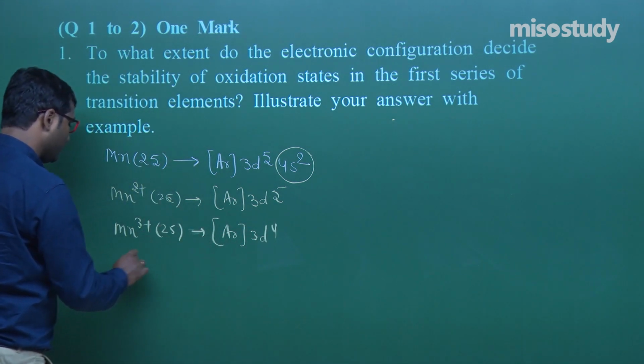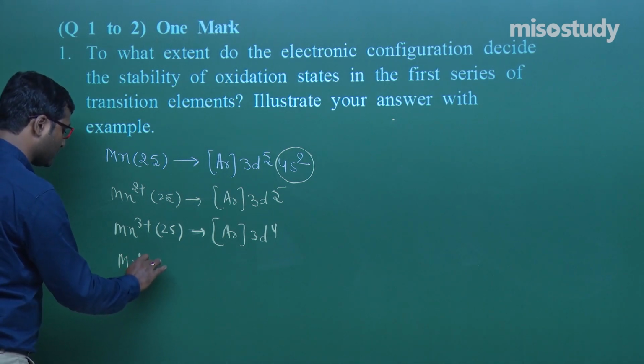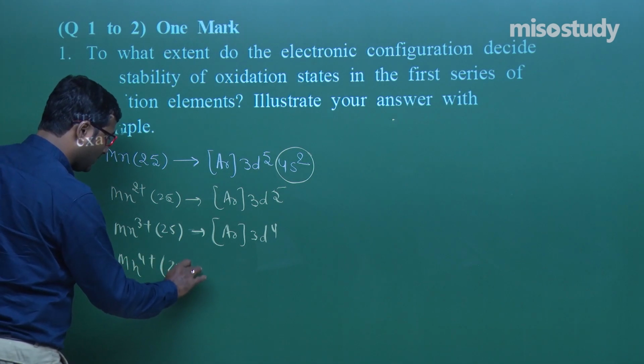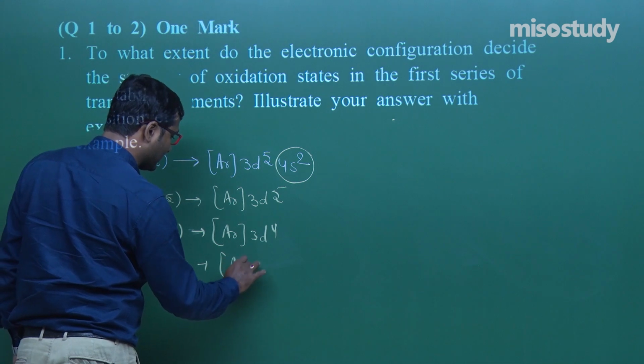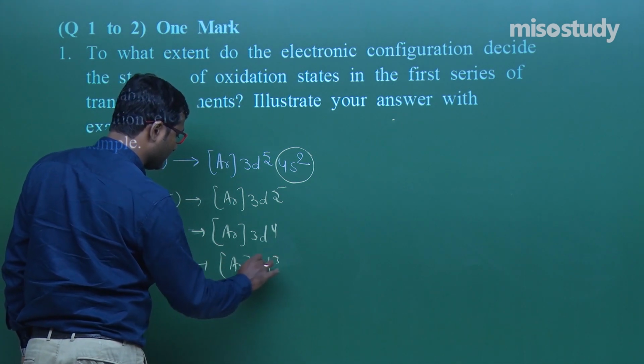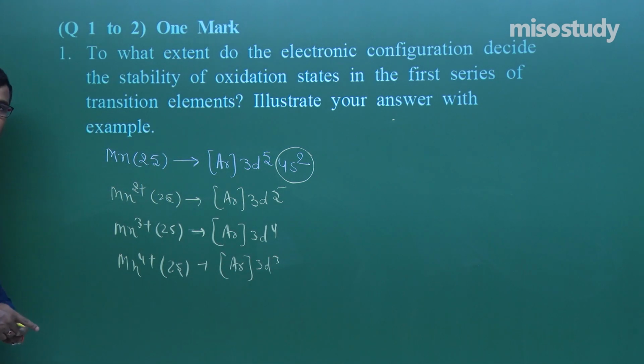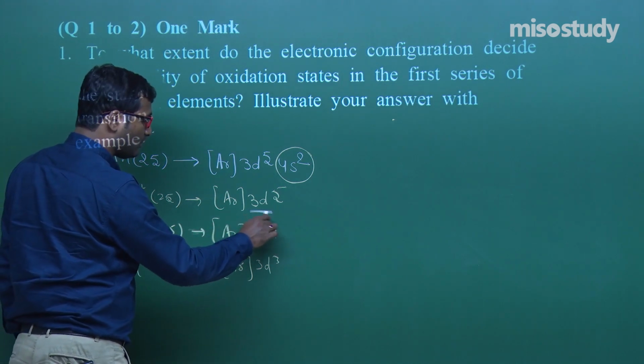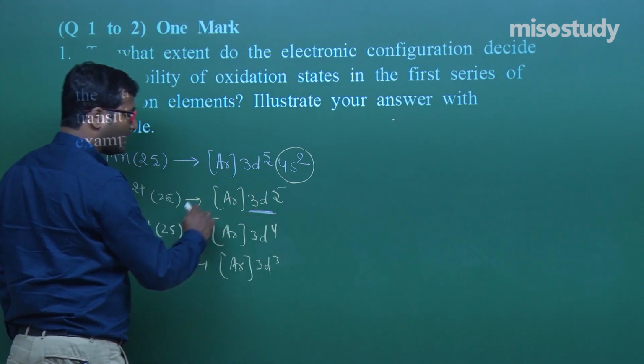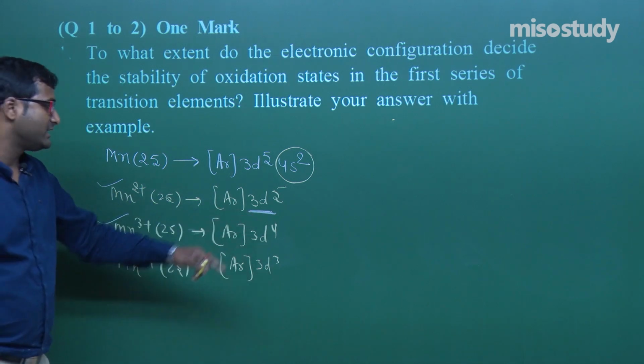Now, if it loses one more electron, that is argon 3d3, and so on. But what we observe here, if I compare the +2, +3 and +4 oxidation states, is that in the +2 oxidation state the electronic configuration is 3d5.